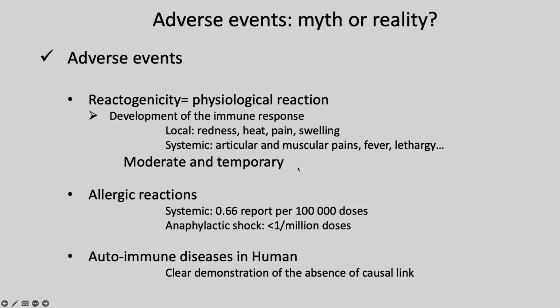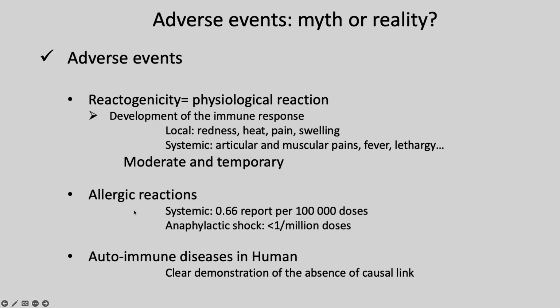Besides that, a vaccine stimulates the immune system, and it is possible that because of this stimulation, we have adverse events. The first kind of adverse event we can have is allergic reactions. If we look at what we have in humans, we know that we have something like 0.60 reports of allergic reaction per 100,000 doses injected.